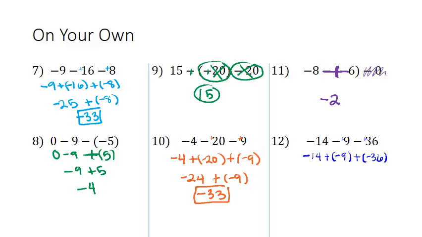So again, we can treat this like regular addition, and we can say negative 14 plus negative 9 is going to take me to negative 23 plus that negative 36, because I haven't done anything with it yet. It needs to be brought down. So now we can add these two numbers together because, again, they still have the same signs out front, so we can treat it like regular addition. So we can say 6 and 3 makes 9, and 3 and 2 makes 5. So I can end up with negative 59 for my answer.